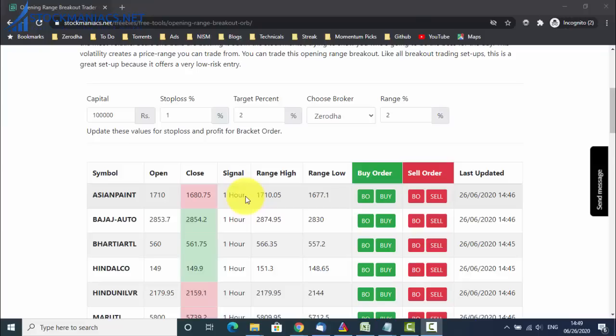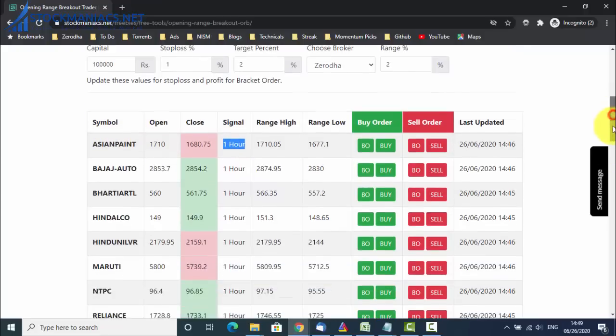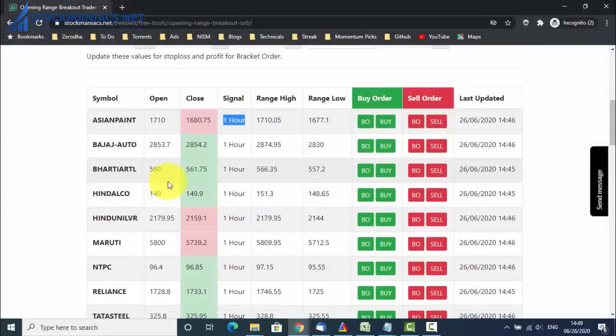Whenever you come to this page after 9:30, you will see here, instead of 1 hour, it will be written 15 minutes. That means the 15 minutes range for all the Nifty 50 stocks will be shown here. If you are a 15 minutes range trader, you can actually place your order directly from here.